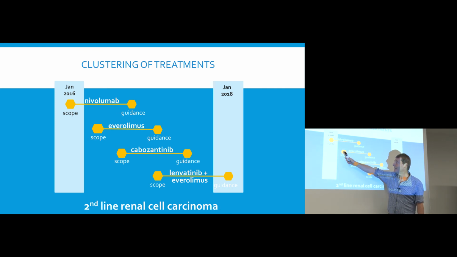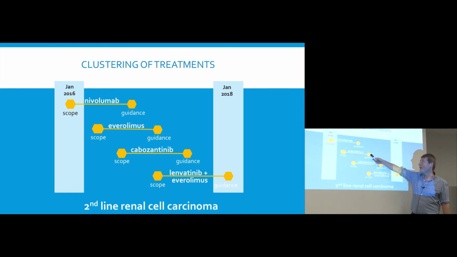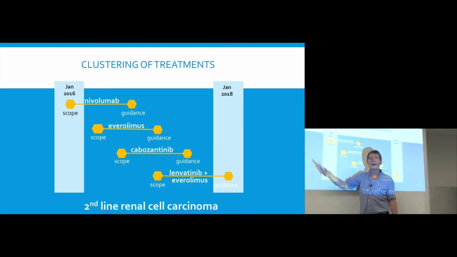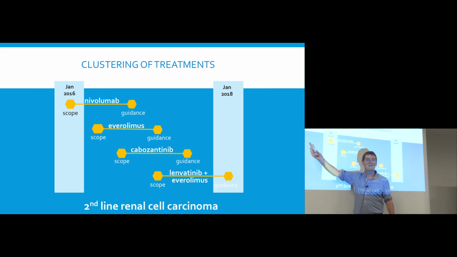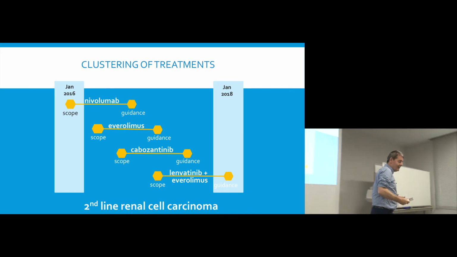But as it's been kicked off before nivolumab was approved, everolimus wasn't getting compared to nivolumab. And then before everolimus concludes, in fact, before nivolumab concludes, cabozantinib appraisal started. And so again, you might say, well, what we really want to know is how cabozantinib compares to everolimus and nivolumab. But actually, and I can't remember the drug before, we're comparing all three of them to something that was used several years earlier. So it's a challenge.